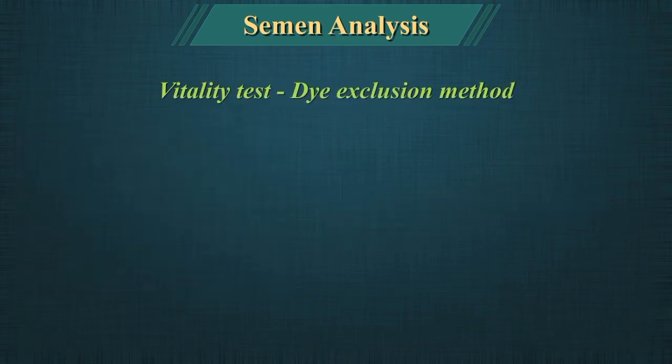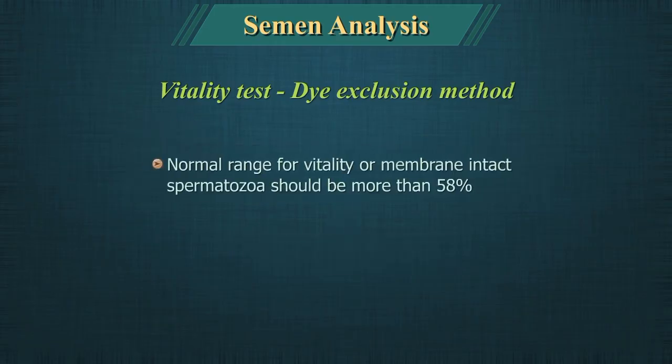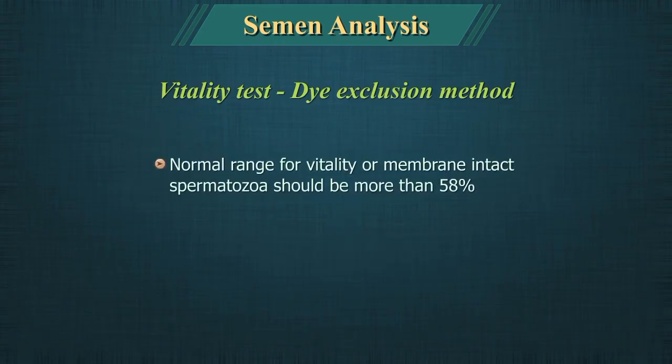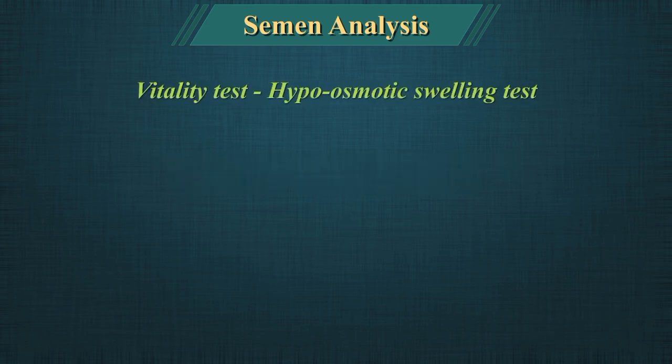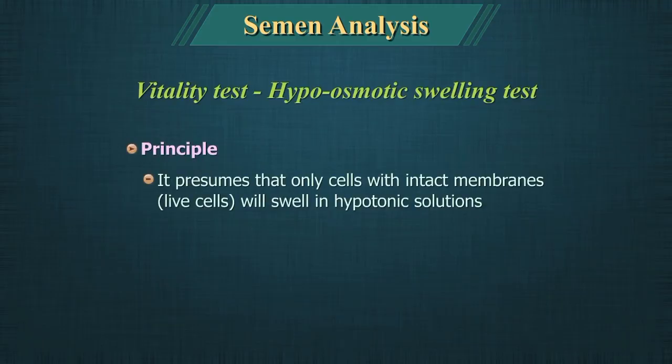The dye exclusion method is based on the principle that damaged plasma membrane of dead spermatozoa allow entry of membrane impermeant stains, coloring them. The live spermatozoa do not take up the stain. The normal range for vitality or membrane intact spermatozoa should be more than 58%. Vitality test using the hypoosmotic swelling test is an alternative which presumes that only live cells with intact membranes will swell in hypotonic solution.